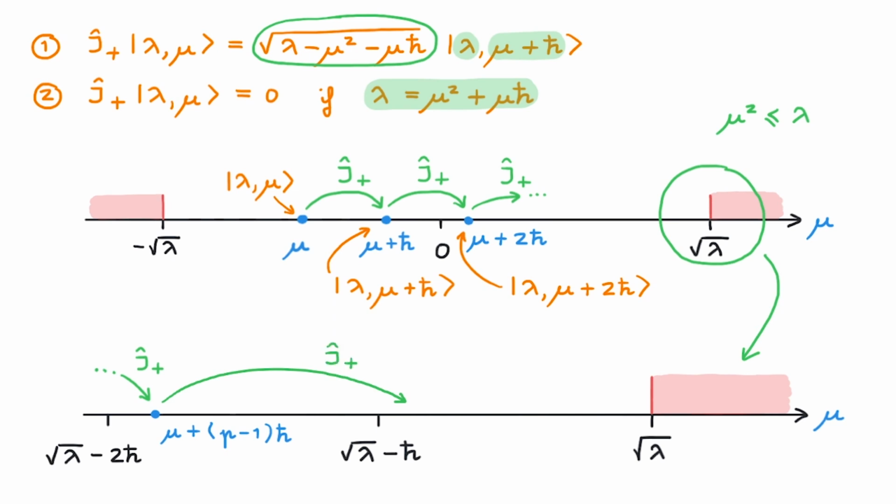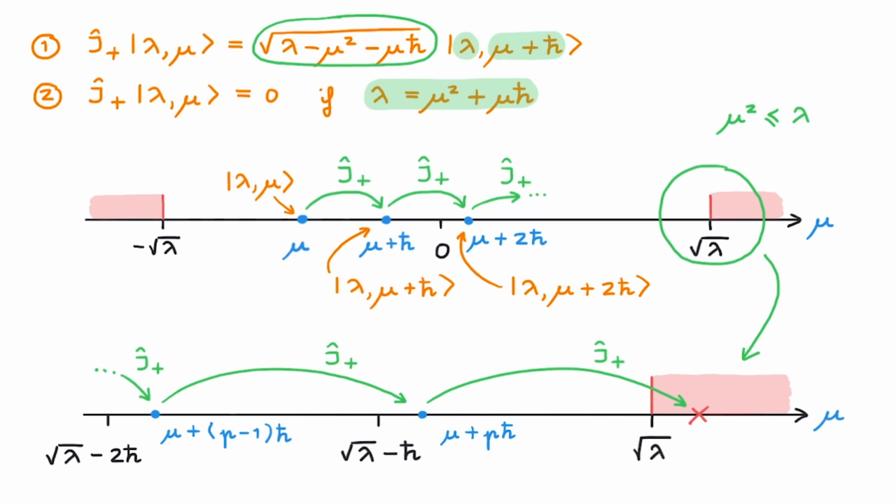But then we end up with this new state at mu plus ph bar. So here is the problem. If we now try to apply it one more time, we would land somewhere in the forbidden region beyond square root of lambda. So something has gone horribly wrong in our construction, because we've ended up with a state for which mu is larger than square root of lambda, which we know is impossible.